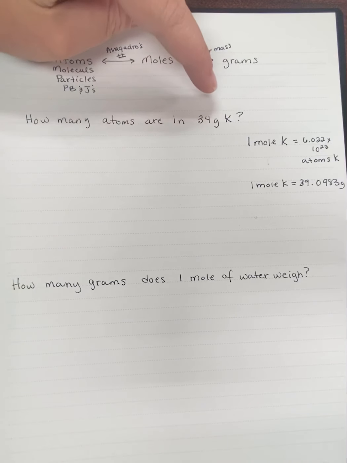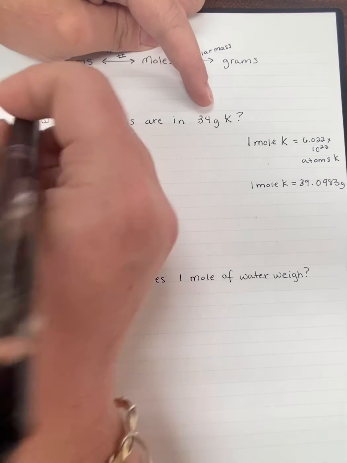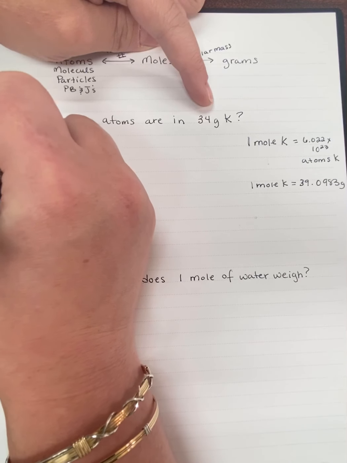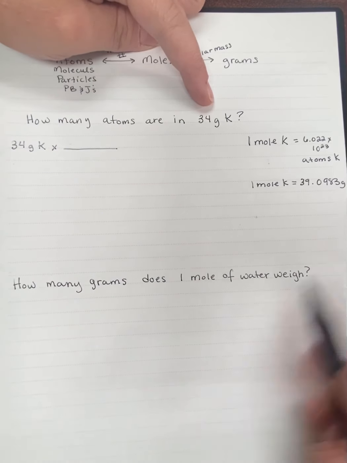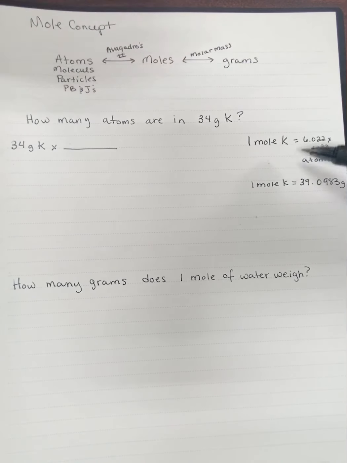Now, just like we said before, we're going to start with what we know, and we know that we have 34 grams of potassium. So we're going to write 34 grams of potassium. We're going to set up our unit conversion factors from these unit equations, okay? So this one isn't dependent upon whatever we're dealing with. If we have a mole of paper clips, 1 mole of paper clips is going to be 6.022 times 10 to the 23rd paper clips.